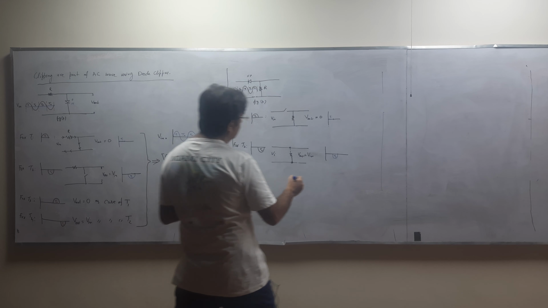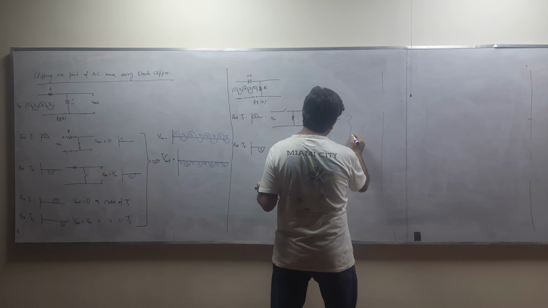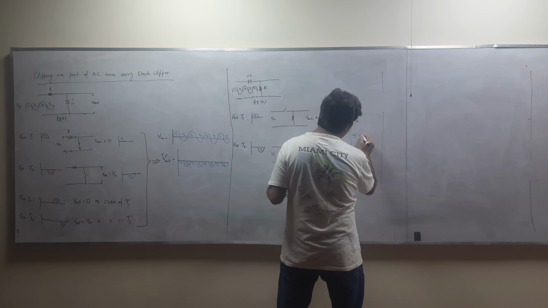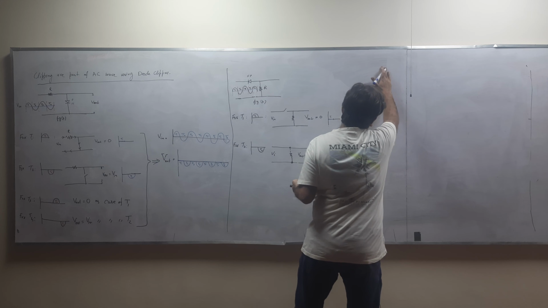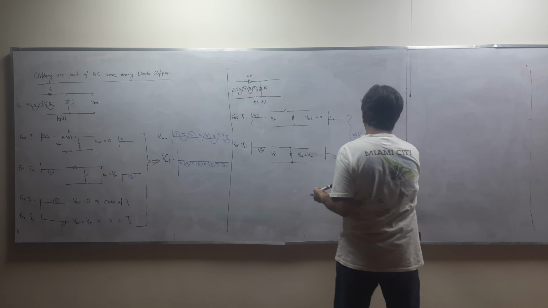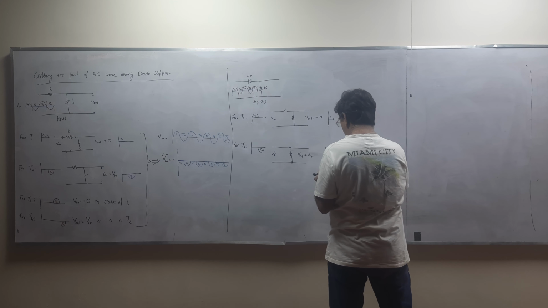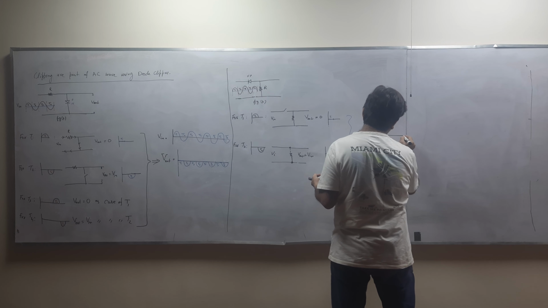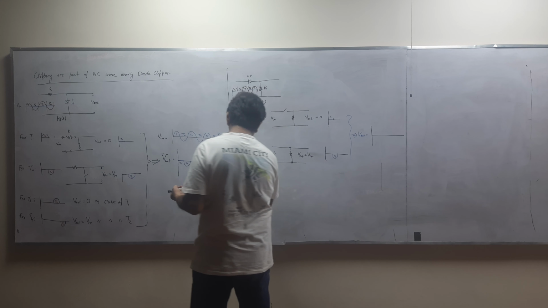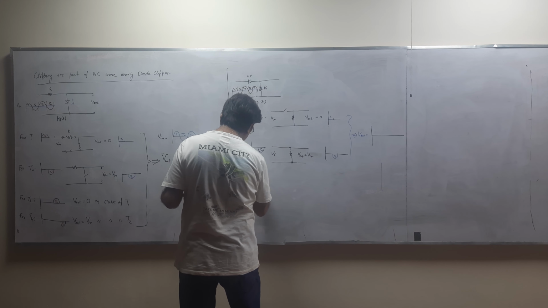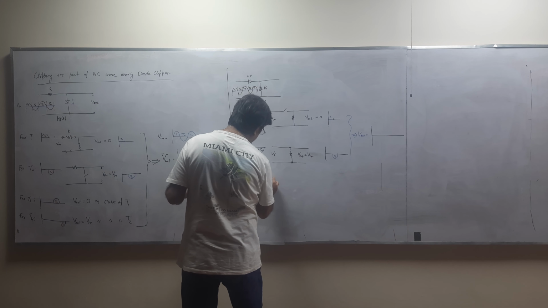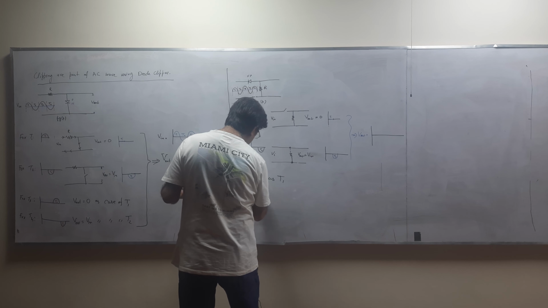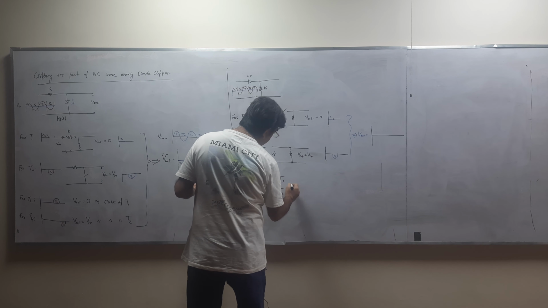So collectively, when you combine both, V out will be, for T3 the same as T1, and for T4 the same as T2.